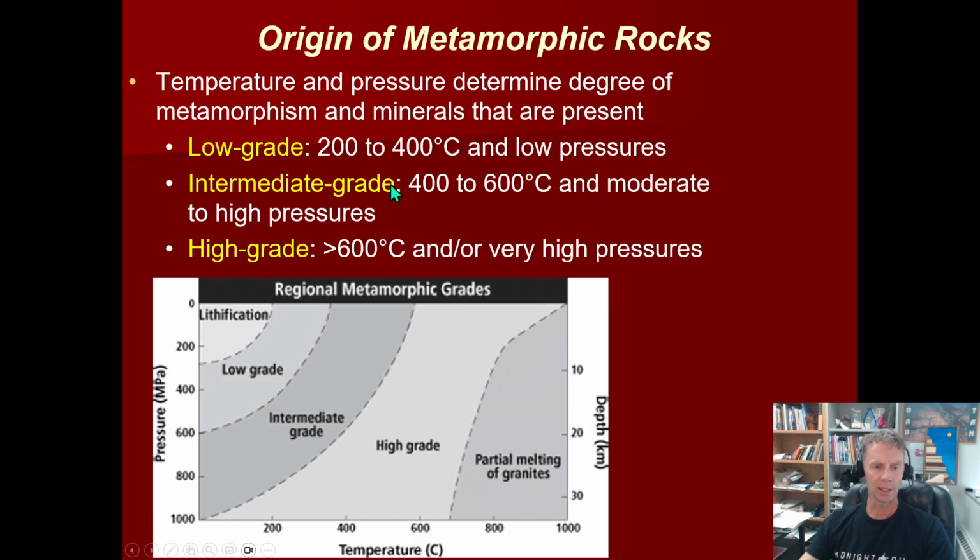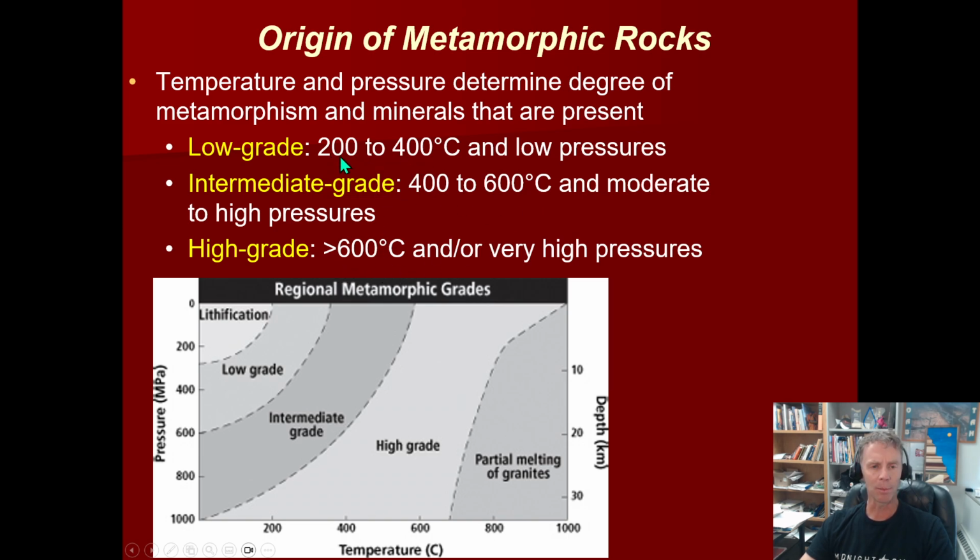So what are the temperatures and pressures? We sometimes talk about metamorphic rocks in terms of low grade, intermediate grade, and high grade. And so there are some loose definitions that go along with this in terms of temperature ranges and pressures. It can differ from rock to rock, but this is generally a good guide. So a low grade metamorphic rock is one that's experienced temperatures in this range, intermediate grade, and high grade.